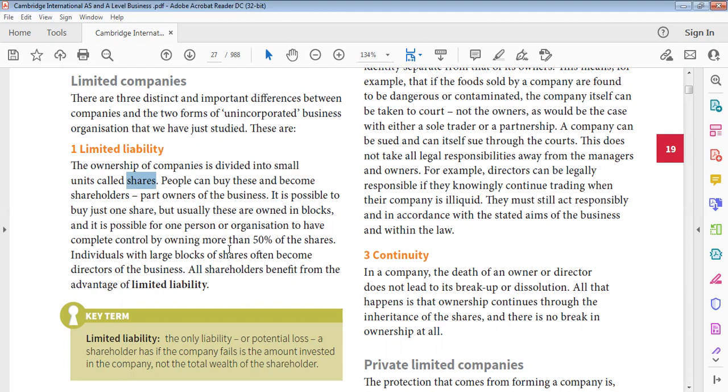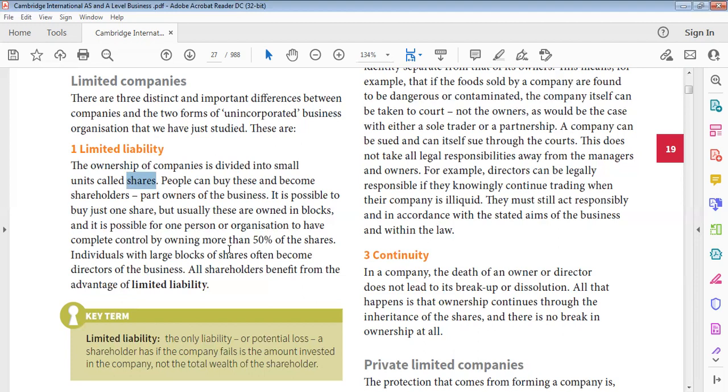Let's say Arif, me, and you, we three of us want to buy Facebook. Arif will buy, let's say, 10%, and I will buy 25%. You will buy 25%.